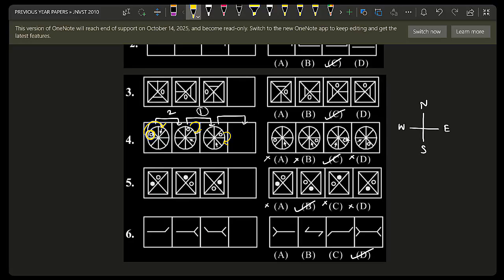Only one thing you remember: first figure to second figure, both circle and arrow mark moved 2 steps. From second figure to third figure, they moved 1 step. Third to fourth, we expect 1 step again. So the answer will be C.